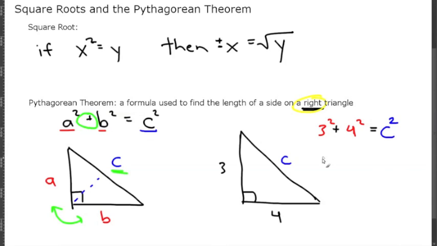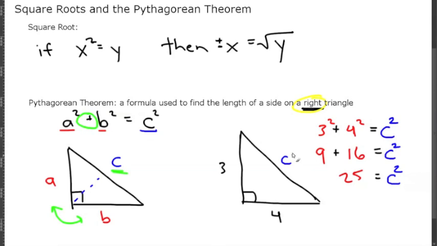Now we know that 3 squared is 9 and 4 squared is 16. So we're going to get that 9 plus 16 equals c squared. 9 and 16, we can add those together. So we're going to get that 25 equals c squared.